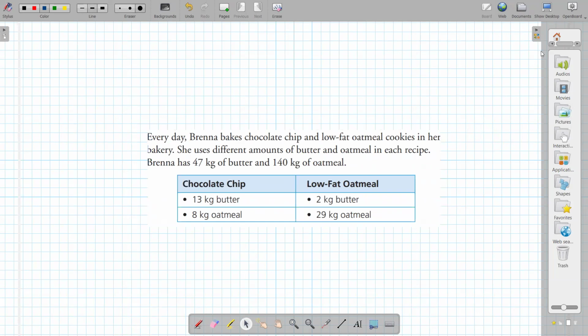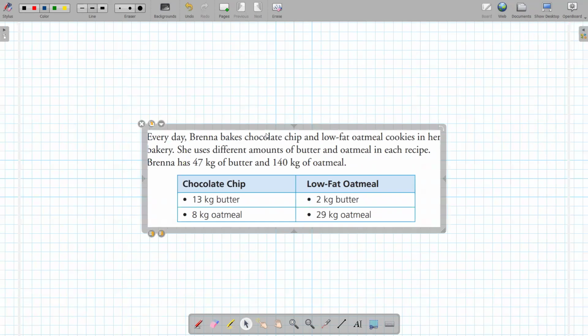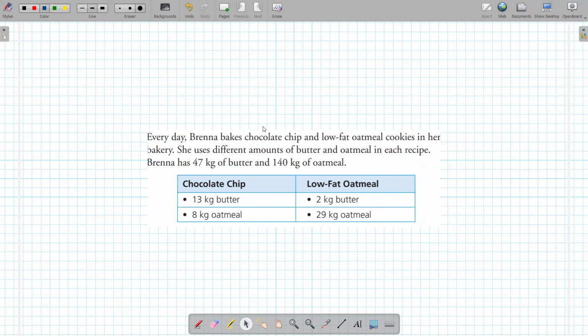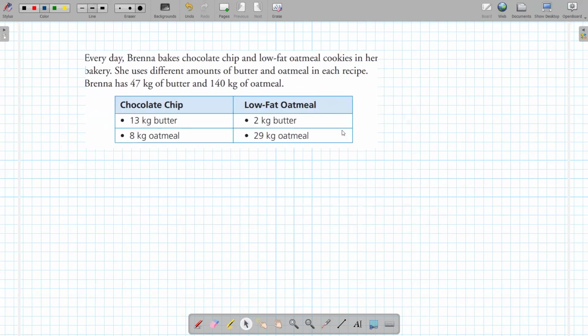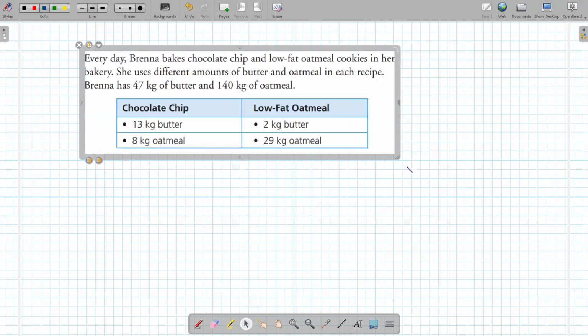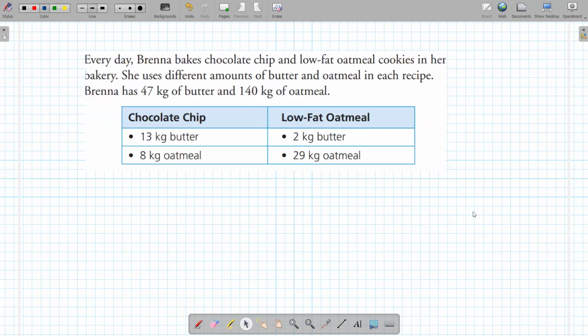So this is what they've given us. Again, you know it's going to be a system. What are the two equations for this? What do you think? So we're mixing two different types into a cookie.